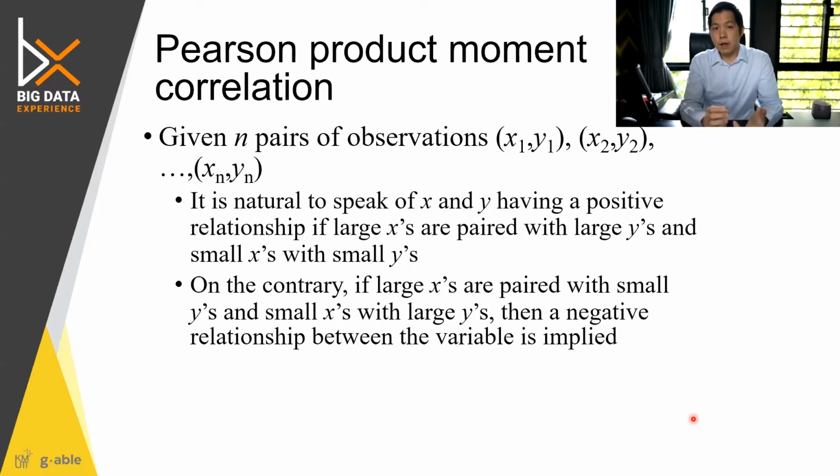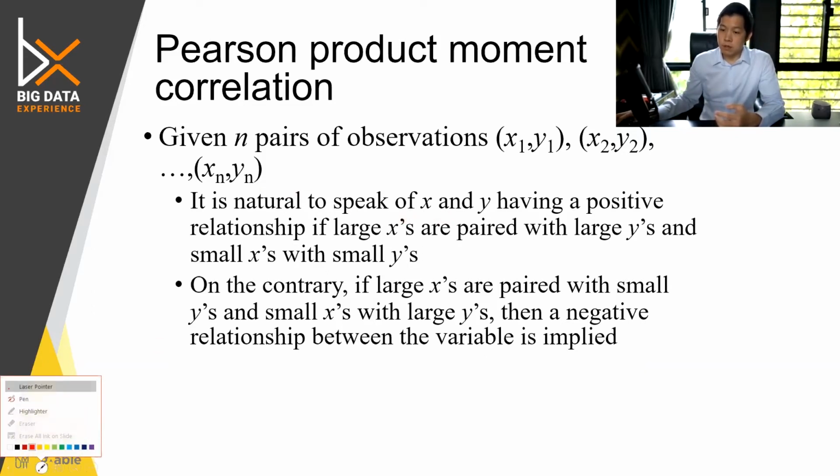If you have a number of observations like this one, x1, y1, x2, y2 to xn, yn, we can assess the relationship by looking at the variation, if they vary together on the positive side or on the negative side. So I'll just draw the same graph there.